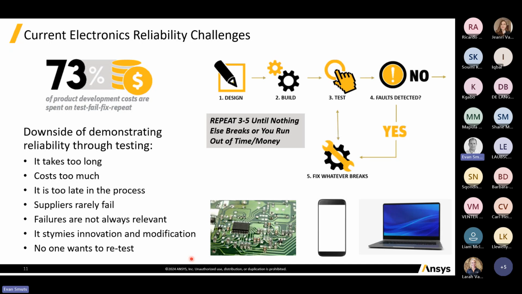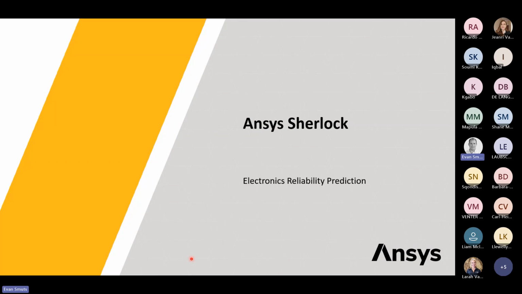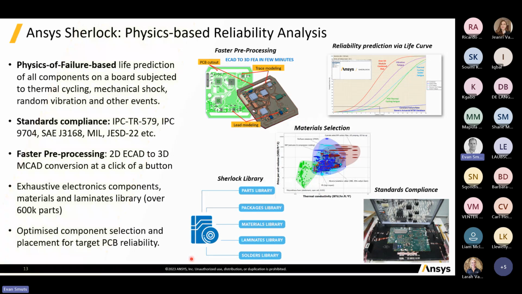Okay, and then this is where something like Ansys Sherlock comes in, and this is kind of the core central focus today, looking at electronics reliability and how do we go about predicting their life and why they break and if they are going to break. Okay, so Sherlock, what is it? It's a software that is based on physics of failure, and it uses the underlying physics of the components to predict and look ahead and say, well, how long is this component going to last?